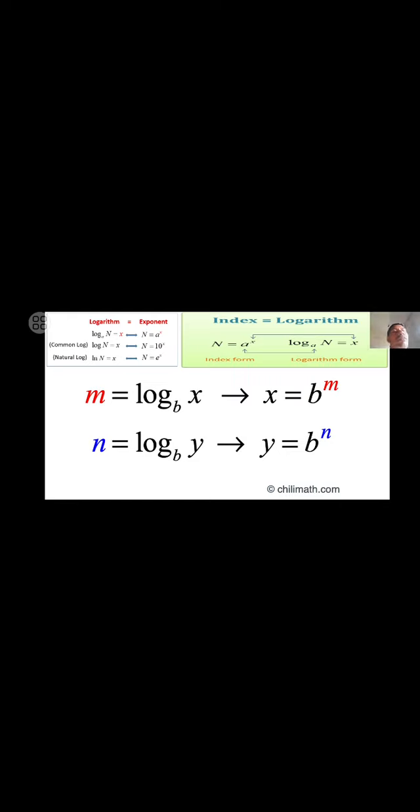And some more examples are given here, let us see. Here m equals log x to the base b. Then x we express as b power m. And similarly, n equals log y to the base b. In exponent form, we can write y equals b power n.